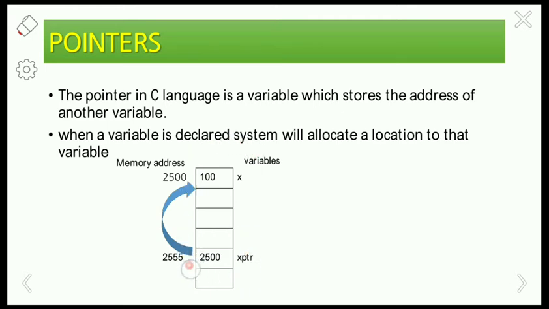The computer memory is divided into a number of cells, and each cell occupies 1 byte of data. The variable x is storing its value at memory address 2500, and the x pointer is the pointer that points to the memory address of variable x. So it is going to store the memory address 2500 in the x pointer.